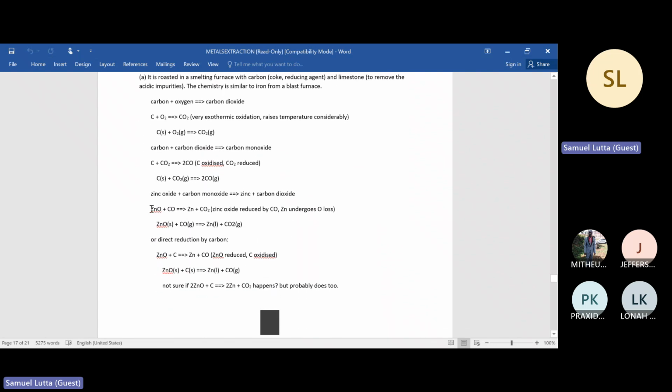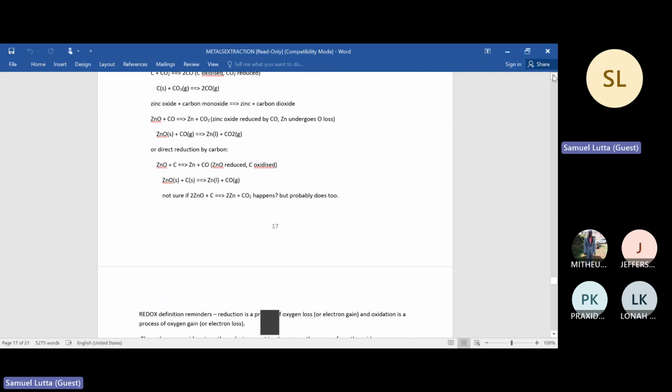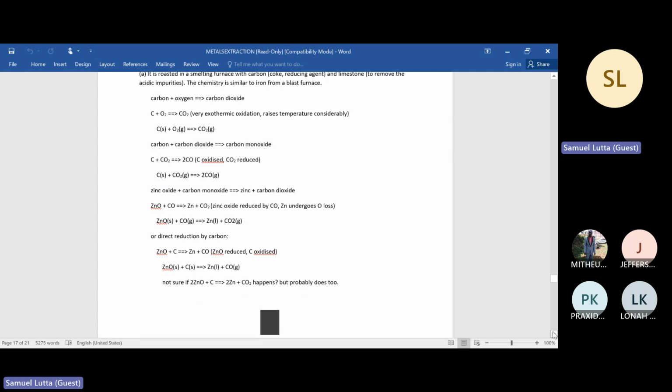So you can see zinc oxide reacts with carbon monoxide to form zinc plus carbon dioxide. The zinc oxide is also reduced by carbon to form the zinc. This is just like in the blast furnace. There's a lot of information here, but we are just reducing zinc oxide by using carbon or carbon monoxide to give you the metal.